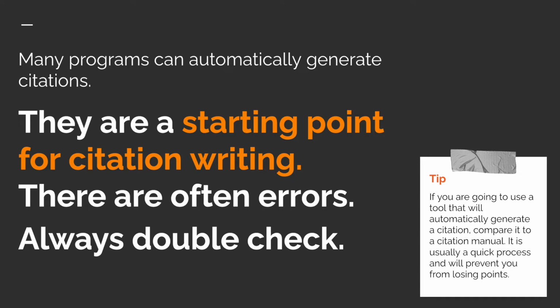Sometimes it confuses dates too. So when you're using a citation that was generated from software or a database, you really want to go double check that that's the correct format and that everything is accurate and reflected correctly in the citation. Some professors are very strict on having a correct citation, so it's important to double check.